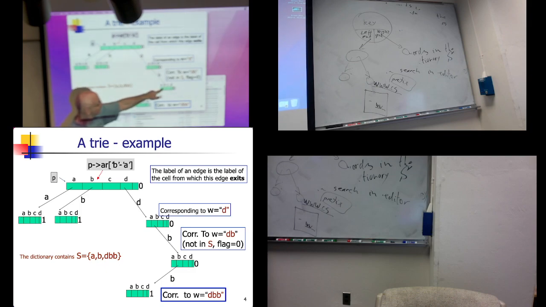It might be that I'll do a search for DBD, trying to leave from this D, but this D points to null, points to nobody, so I'll assume that DBD is not in the dictionary, so my search will end. On the other hand, as long as I can follow nodes with the word, I'll keep doing it.